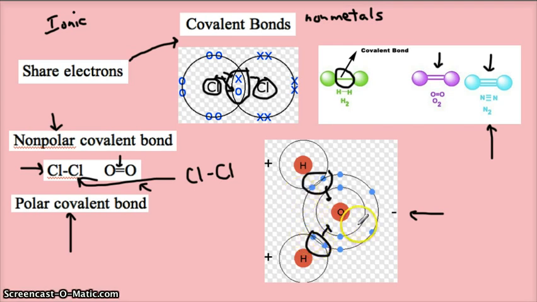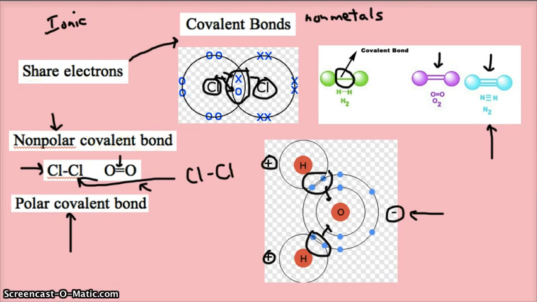Since you have a little bit of a charge, in fact, you can see the charges over here, that means you have the polar aspect to it, kind of like a magnet. So a polar covalent bond is with different elements. A nonpolar covalent bond is with same elements.